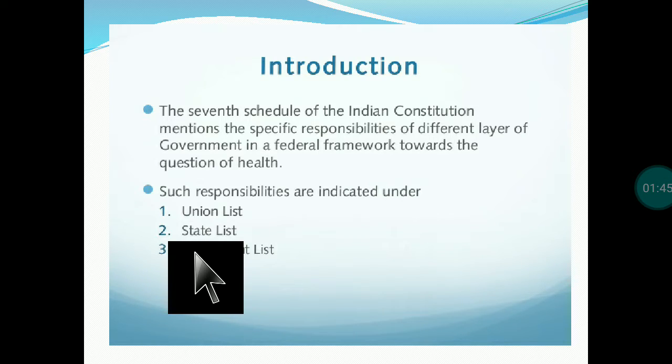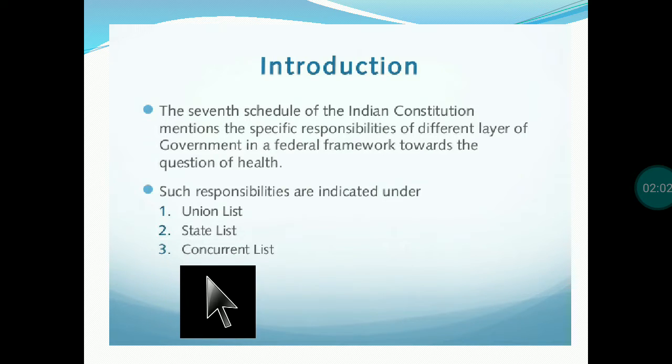The state list is associated with the state subjects, including 66 subjects related to the state jurisdiction, like health, agriculture, sanitation, etc. Next we have the concurrent list, which is not associated with the state and union list. The topics or areas considered here are marriage, divorce, education, etc., and there are around 52 subjects in this group.